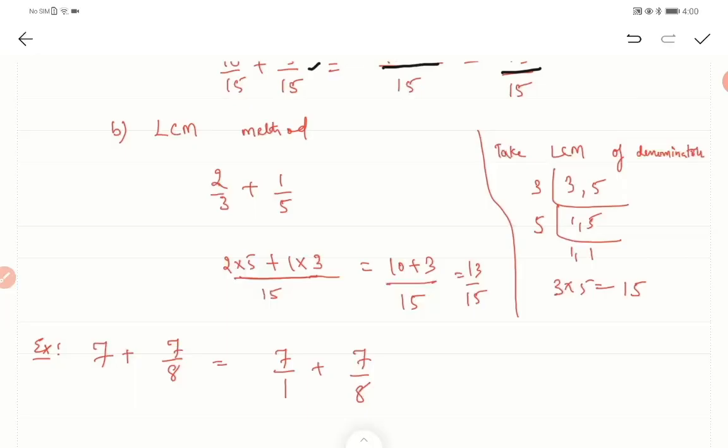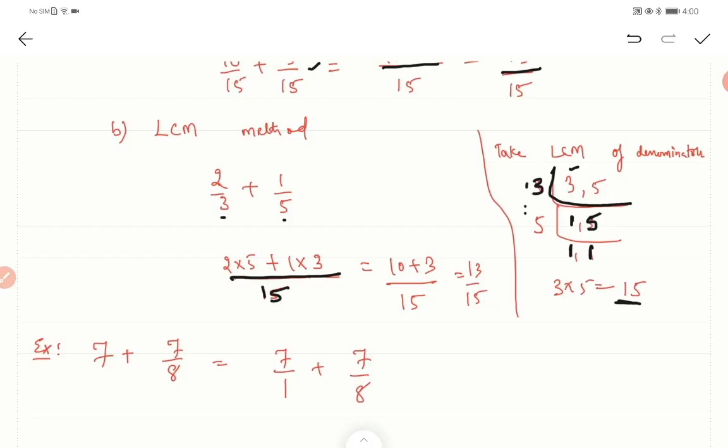So how will you take the LCM? You need to take the LCM of your denominators. Already I've studied how to take your LCM, isn't it? So if I take 3 ones 3, and 5 will come as it is. So 5 ones is 5. If you multiply, you get the LCM as 15. So you'll take 15 as the LCM.